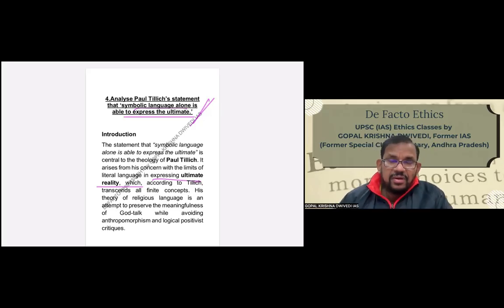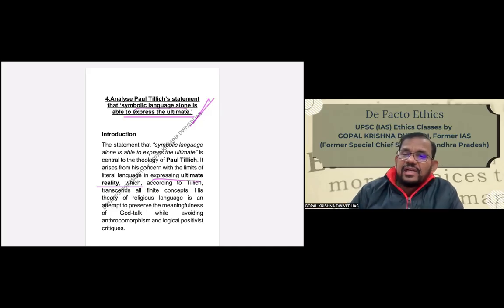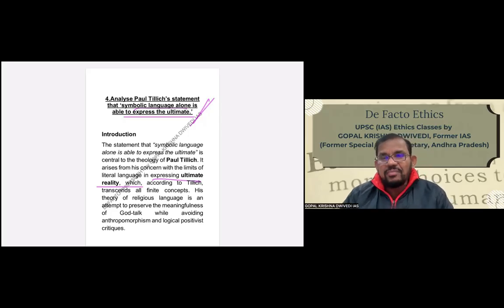Therefore, any religious language has to talk in a symbolic manner only, because you can talk in a real or absolutely correct manner about finite concepts only. But since religious reality transcends all those finite concepts, religious language definitely has to be symbolic.